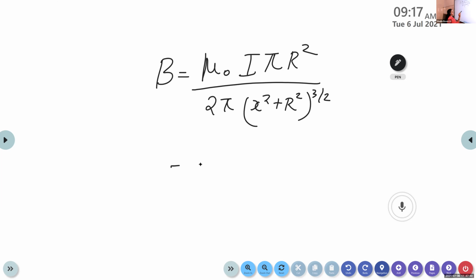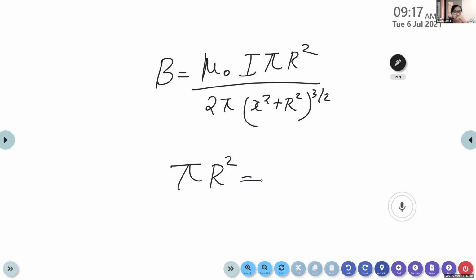What does this pi r square represent? Yes, all of you know the answer. You just unmute and say. No problem. Yes, Gauri, unmute and say. Area.